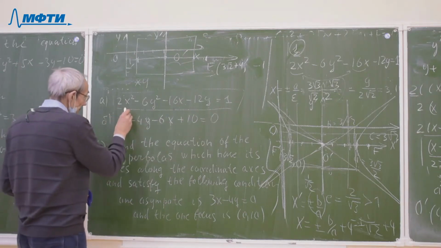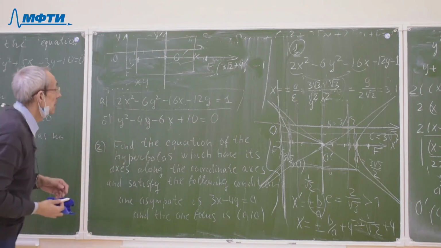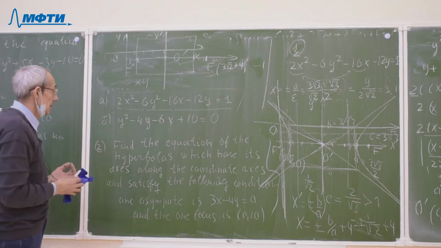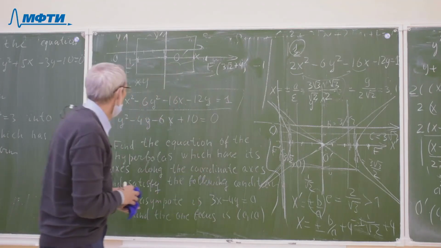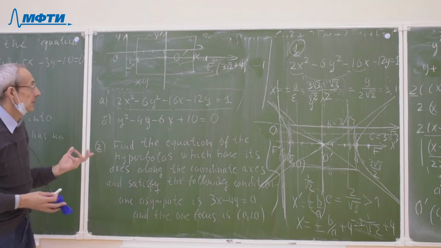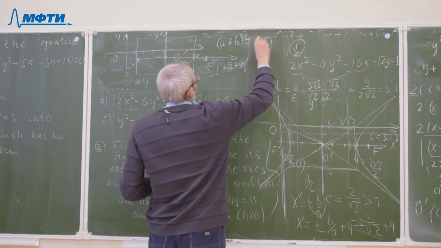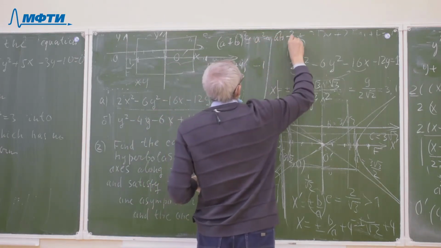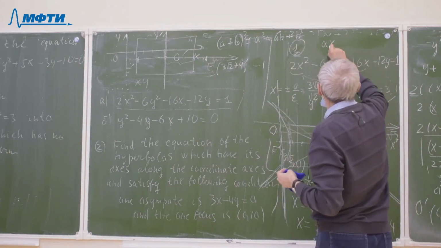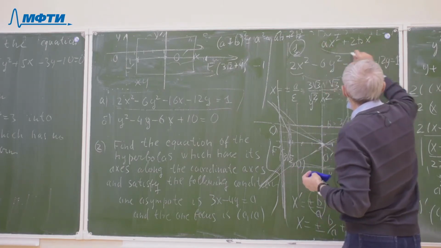We rewrite this equation, permuting the terms, so that we can reduce this equation to a sum of squares. Using the formula for the square of a sum, we can rewrite the equation in the form ax squared plus 2bx.